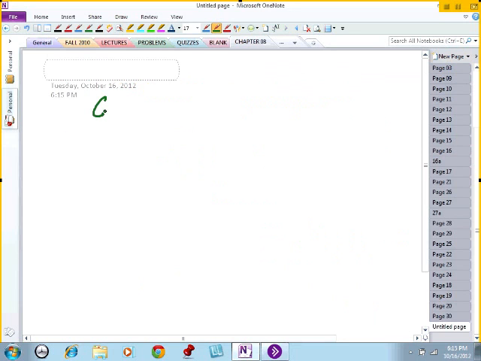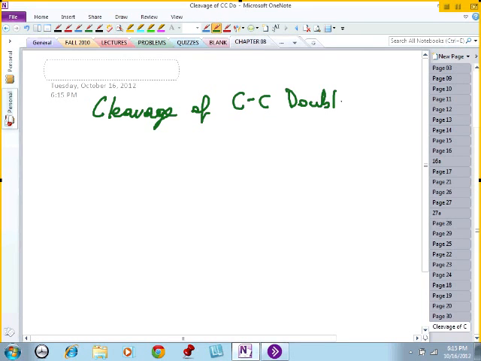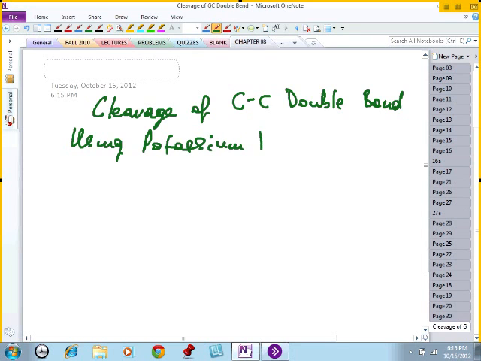So we're going to have this cleavage of carbon-carbon double bond using potassium permanganate.